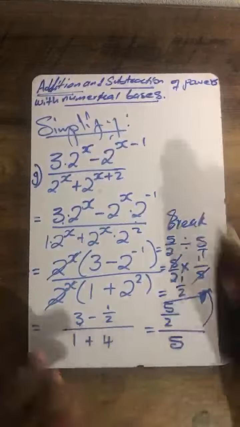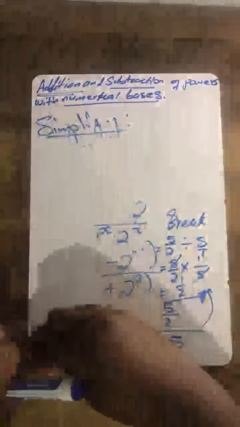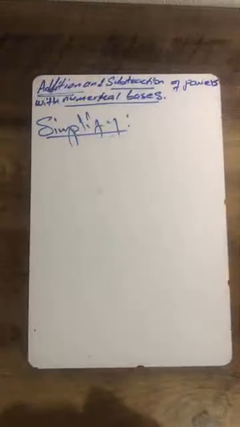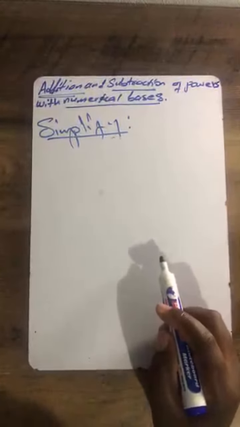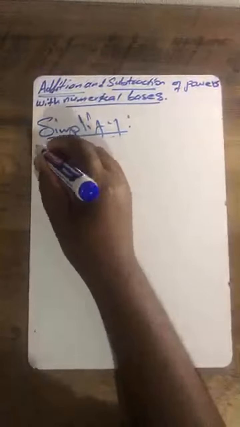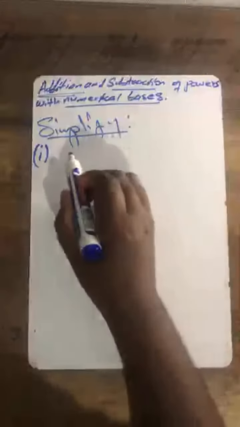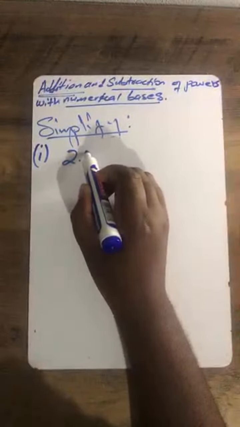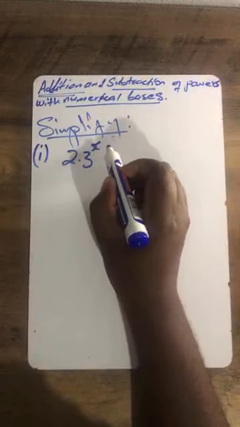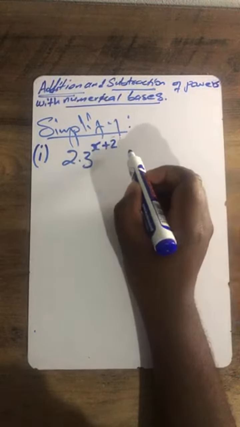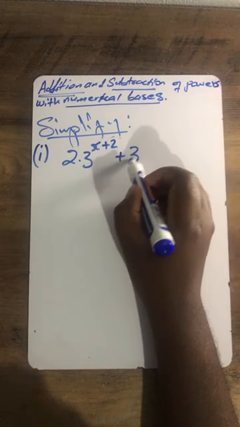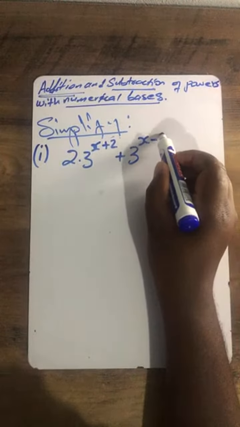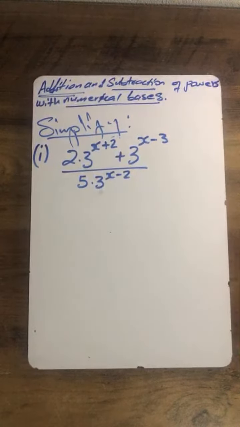Let me check for this one again. Guys, you need to be very quick on these problems. You need to be very, very quick. I think we are making some progress, honorable members. Let us now look at this one being I. For I, we are having 2 times 3 to the exponent x plus 2 plus 3 to the exponent x minus 3.